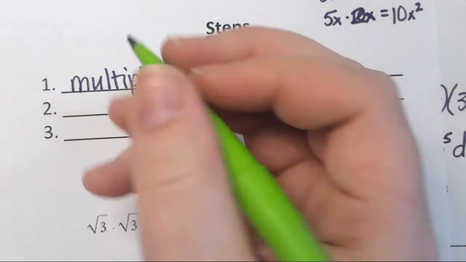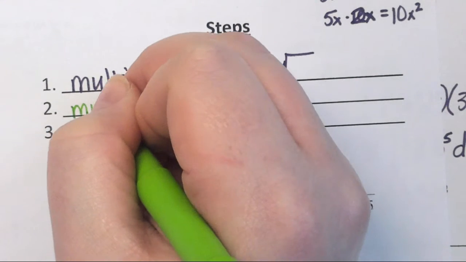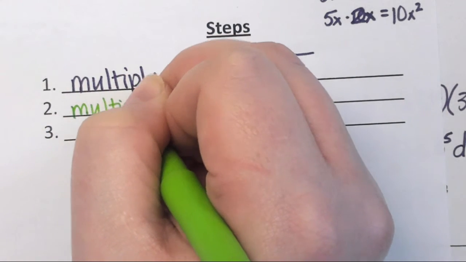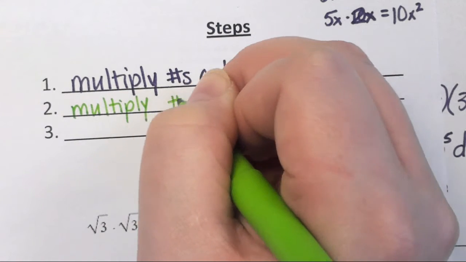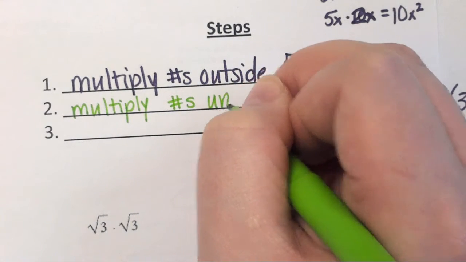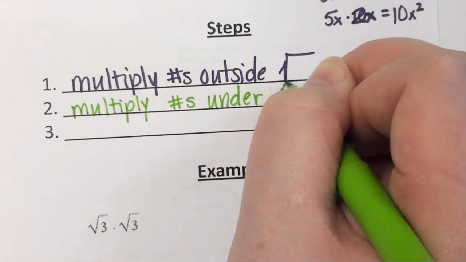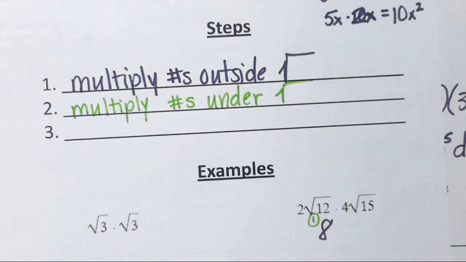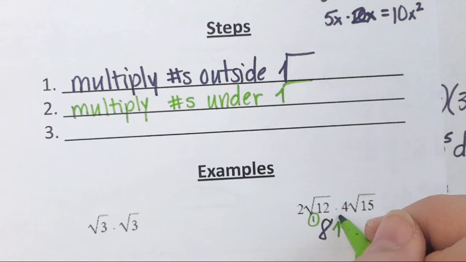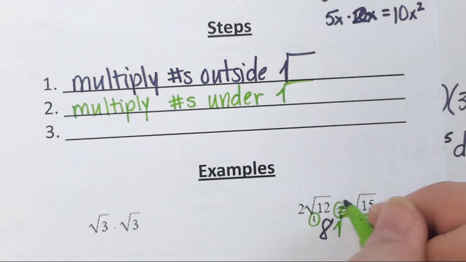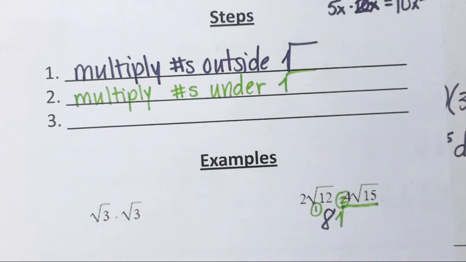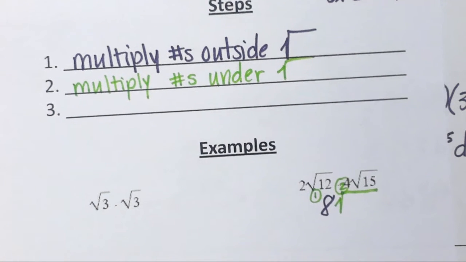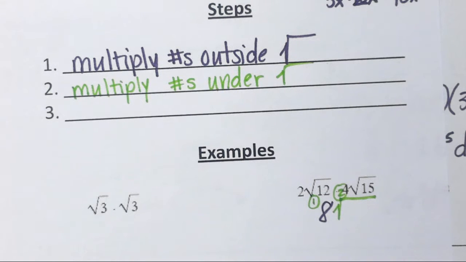The second step is multiply numbers under the radical. So I need to multiply 12 times 15. What do you get when you multiply 12 times 15?